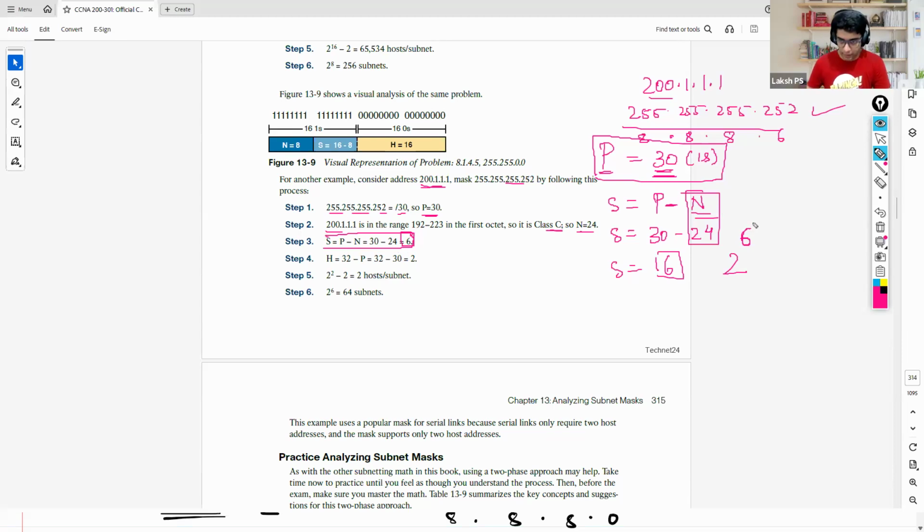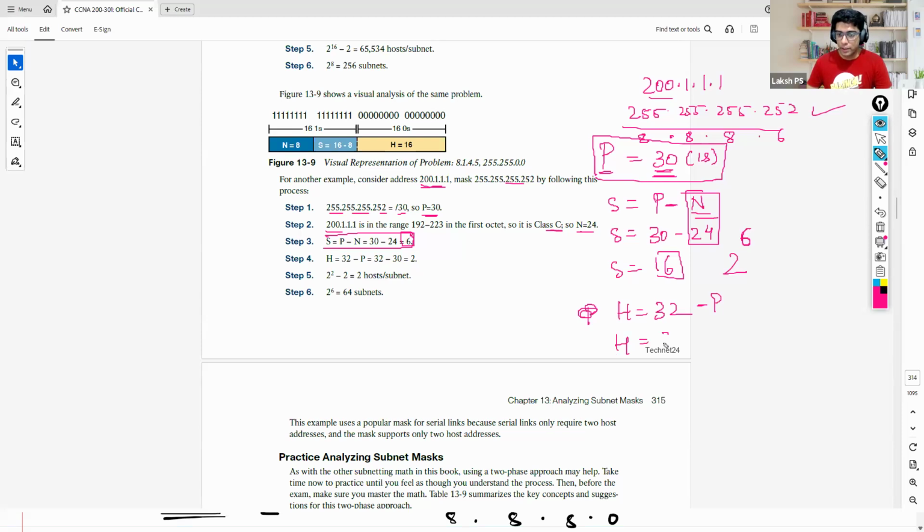Then how many hosts can you have per subnet? The host bits h equal 32 bits of the IP address minus p bits.